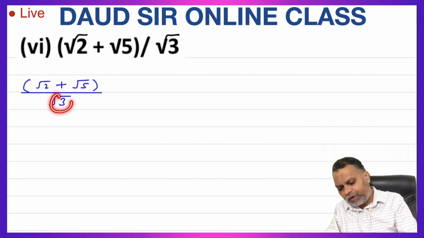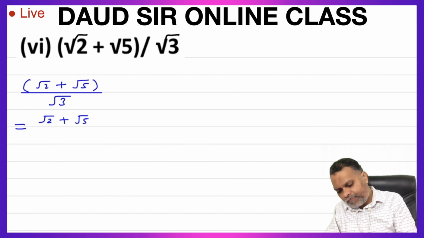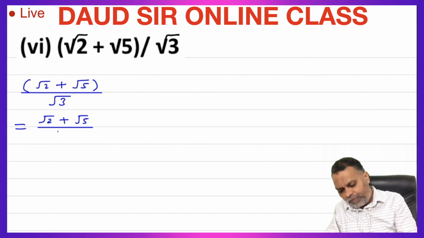So here in denominator root 3, so multiplying and dividing by root 3, which is equal to root 2 plus root 5 upon root 3, multiplying by root 3 and dividing by root 3 by rationalizing the denominator.